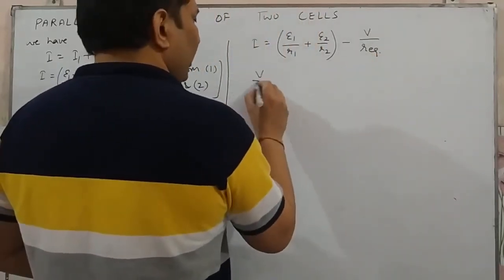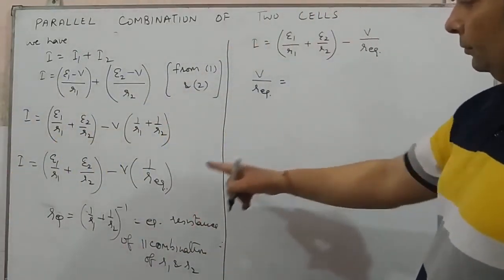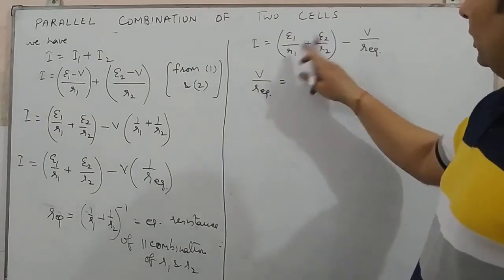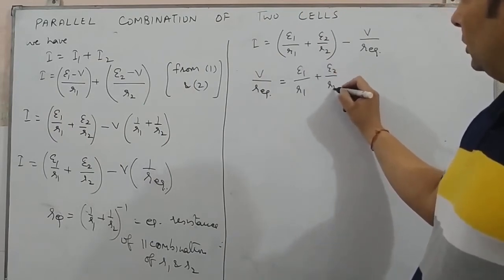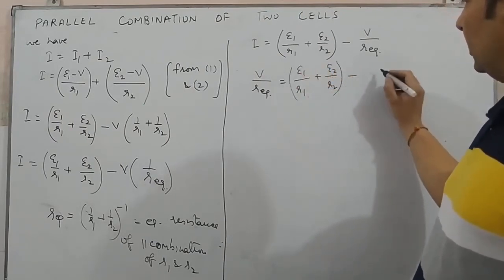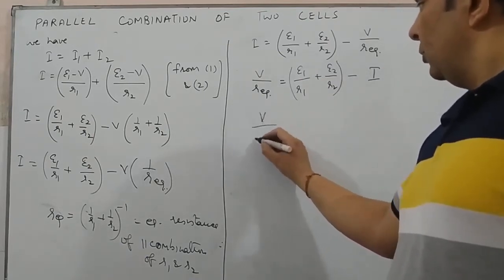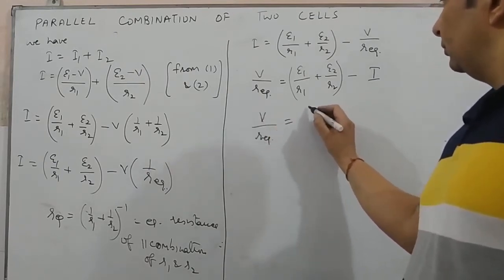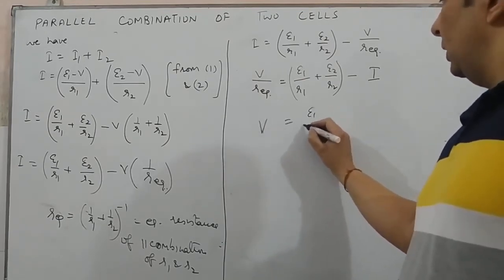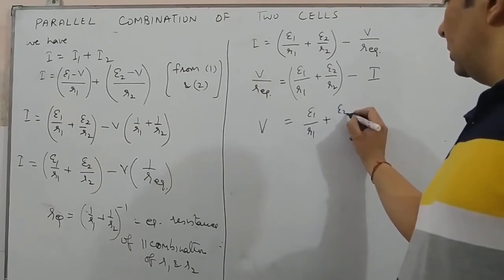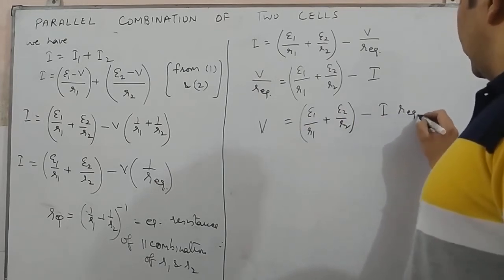Interchanging, V upon R equivalent is equal to E1 upon R1 plus E2 upon R2 minus I. Then, simply writing V: V equals E1 upon R1 plus E2 upon R2 minus I multiplied with R equivalent.